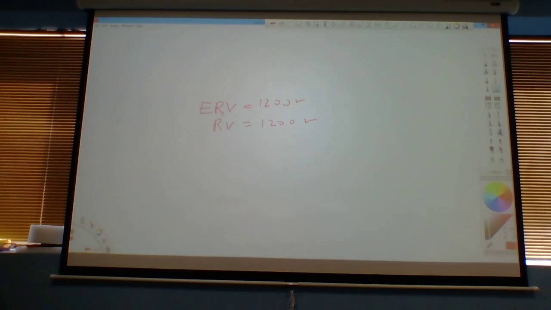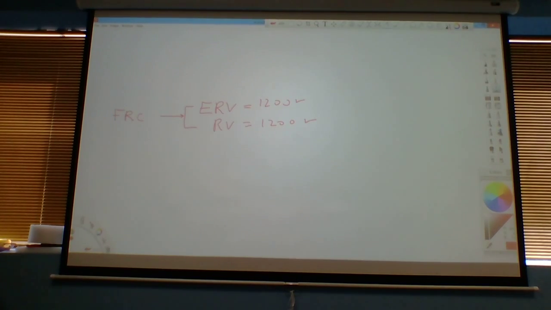That's expiratory reserve volume. The combination of the two is known as, what do you think? Functional residual capacity. Okay. So this is the combination of these two. You have the capacity to hold this much air.